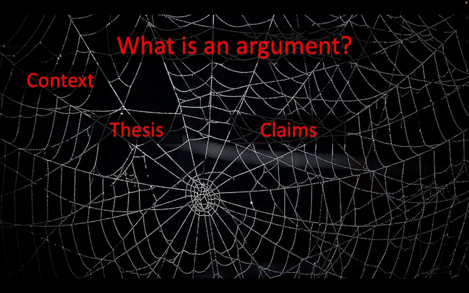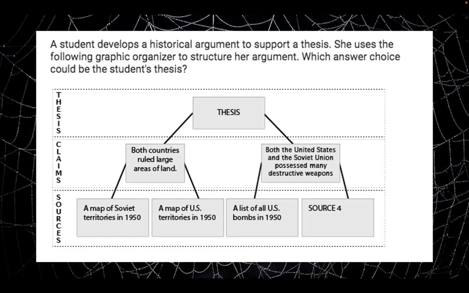They have subclaims or mini theses that help prove the overall thesis, and they have specific evidence that helps support what they're arguing. So whenever we go back and analyze the arguments of others, this is what we're looking for. Whenever you begin to make your own arguments, these are the things that you will include.